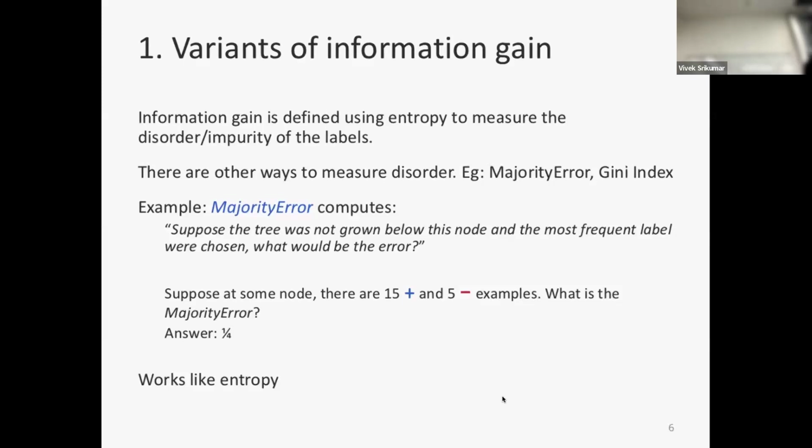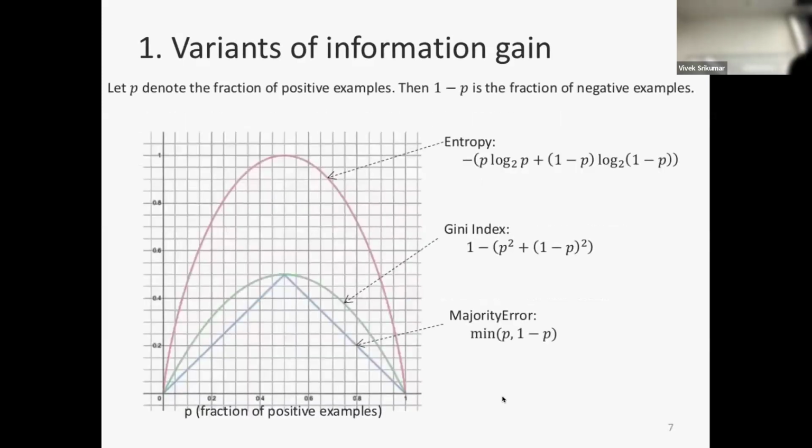And there's another one called the Gini index, which, in fact, here's a plot of these 3 things. So imagine that you have 2 labels, plus and minus. So if your fraction of positive examples P plus is P, then P minus is 1 minus P. And so I can plot these things as a function of P, and the thing on top, the red curve here, that's entropy.